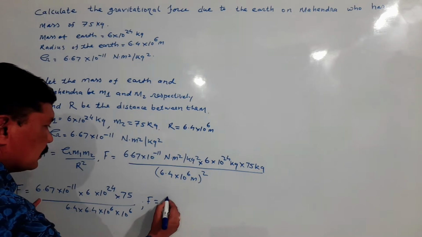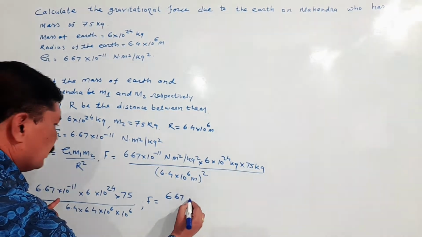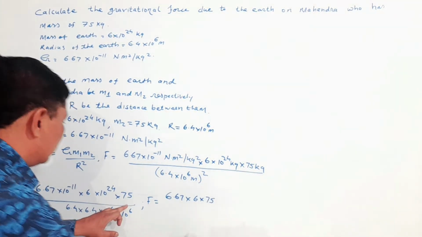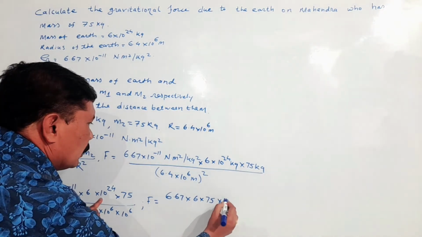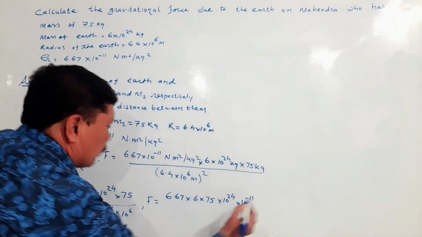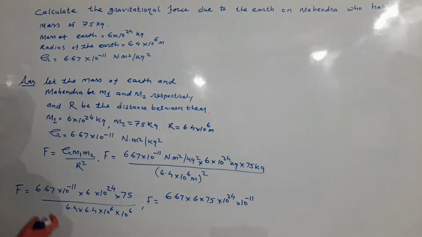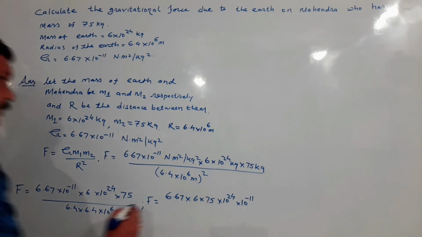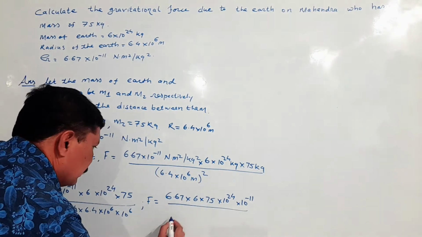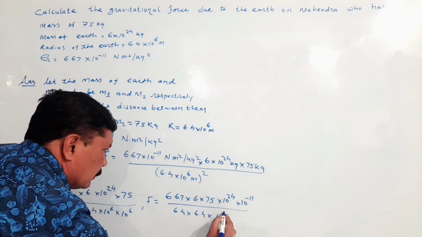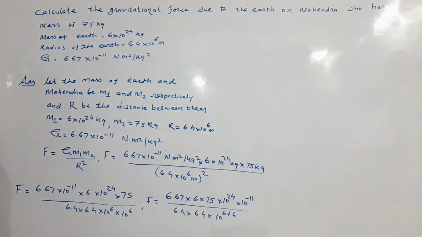So we can write 6.67 into 6 into 75 into 10 to the power 24 into 10 to the power minus 11. Here we have taken 10 to the power at one side and rearranged it, divided by 6.4 into 6.4 into 10, 6 plus 6 we can write.